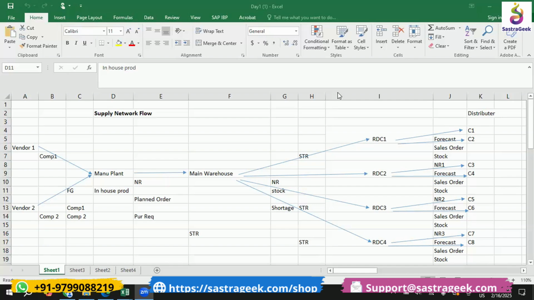Murli: I joined late. Could you please tell me what exact extra features IBP has compared to SNP? Your question is on the tool, Murli.